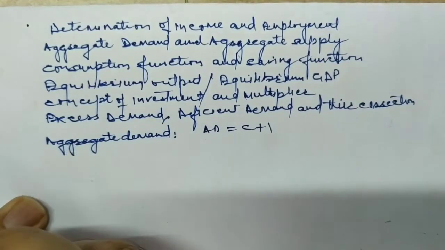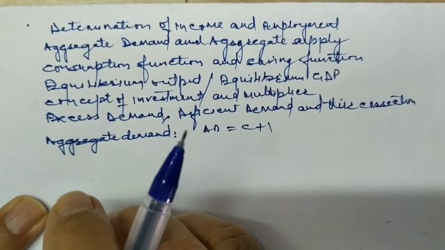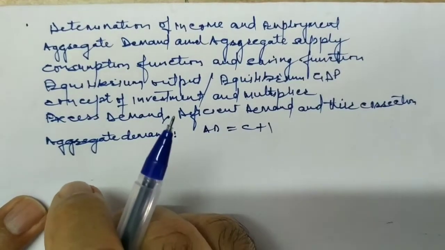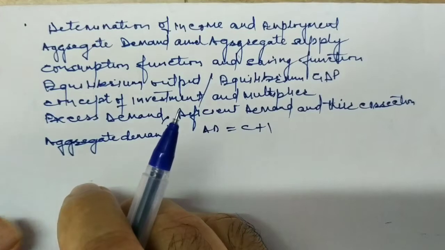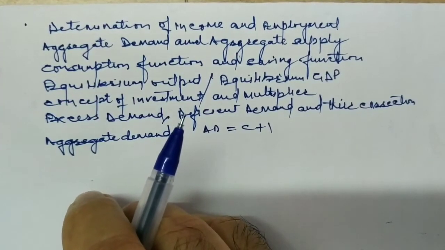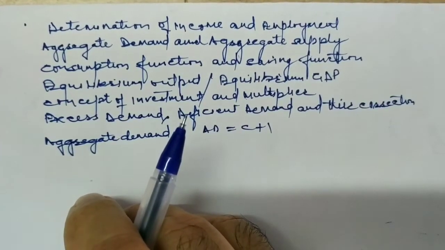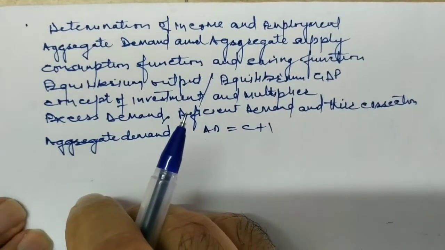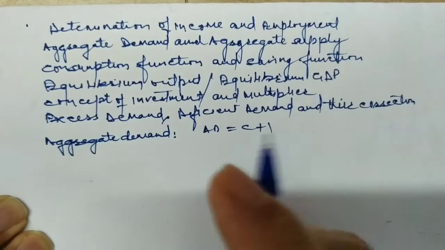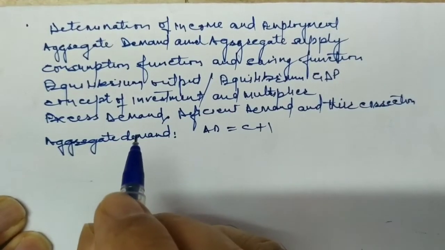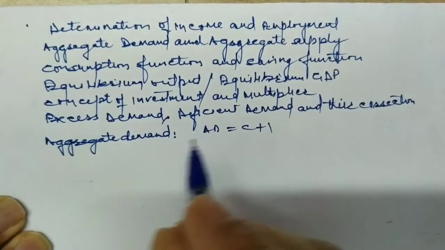It is important to note that in the context of macroeconomic equilibrium, AD is always referred to as desired AD and planned AD.